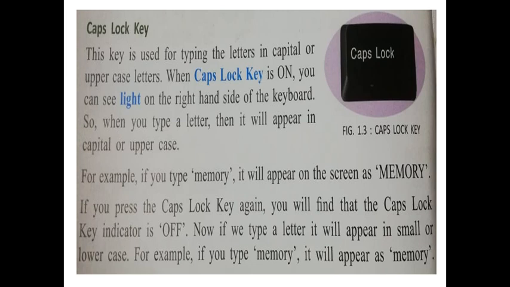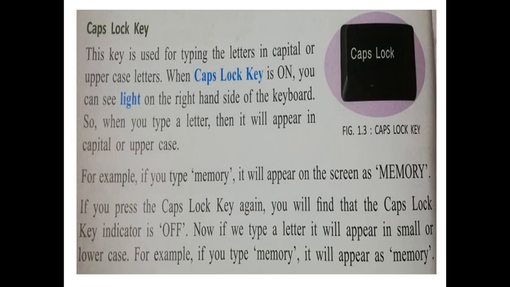Okay, so the caps lock key. This key is used for typing letters in capital or uppercase. Capital and uppercase mean the same. When the caps lock key is on, you can see a light on the right-hand side of the keyboard.